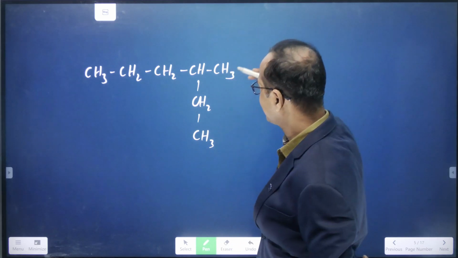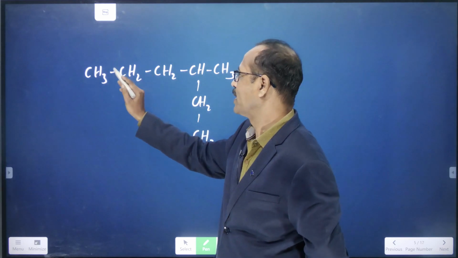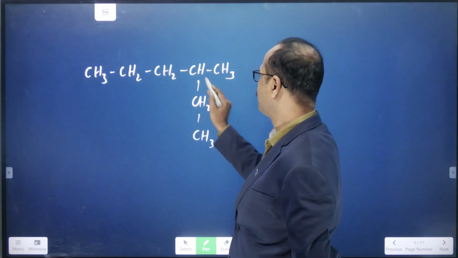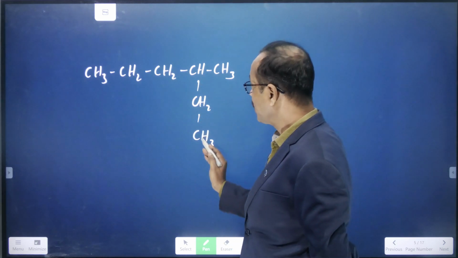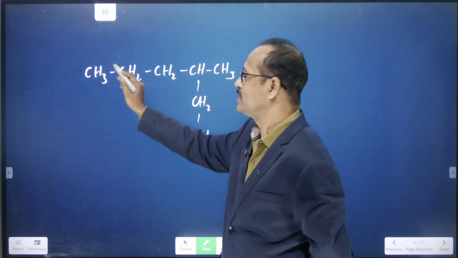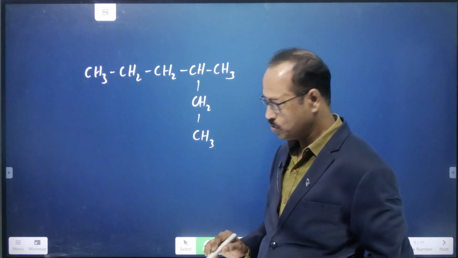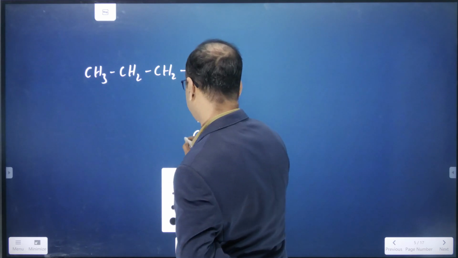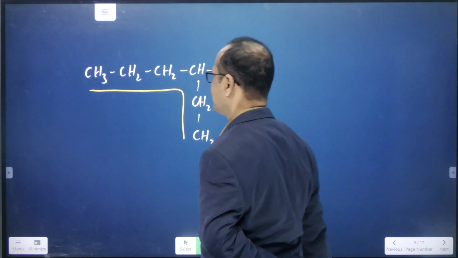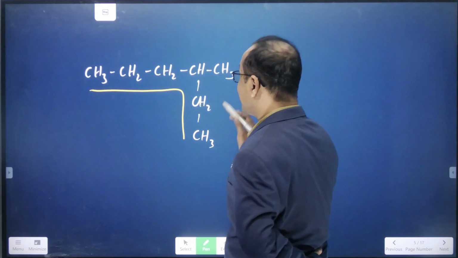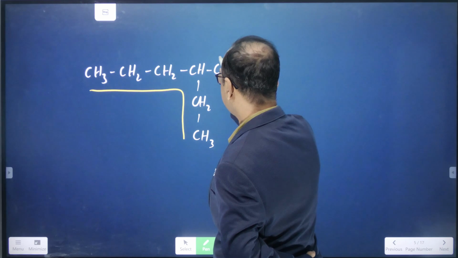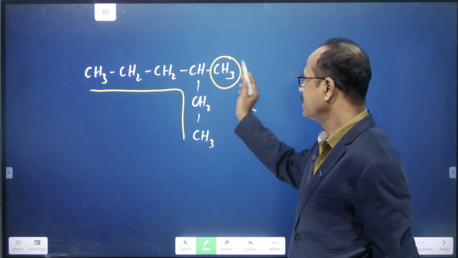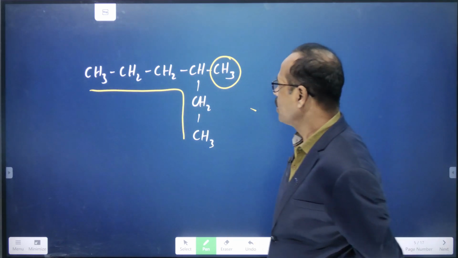So 6 is the biggest number, so I will go in this direction, because I am getting 6 here. Then this becomes the longest chain and this becomes the substituent.